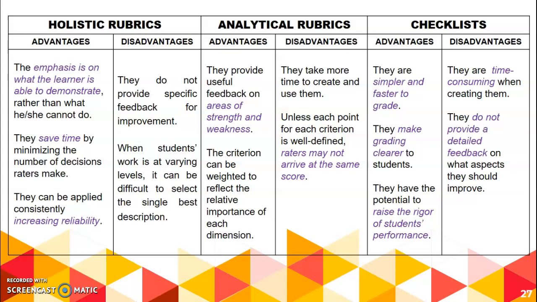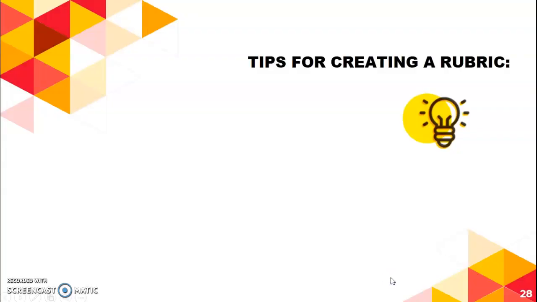In my own personal opinion, analytical rubrics take a lot of time to be created, yes, but they are the most useful ones, especially for students, because they have clear descriptions of those skills or abilities that have been mastered and those that have not. Okay, so here you have a chart with the advantages and disadvantages of each rubric that you can later read.